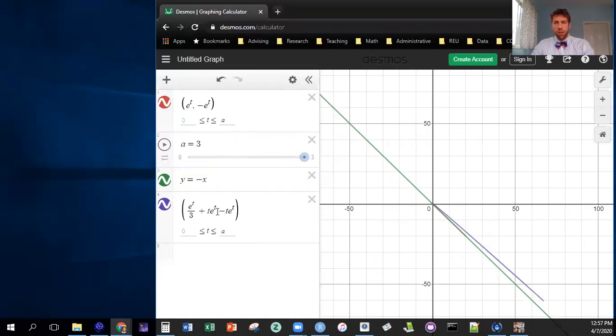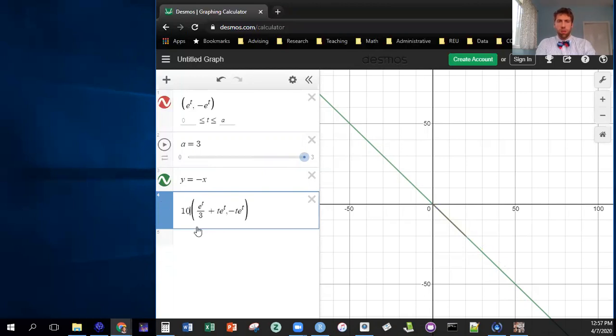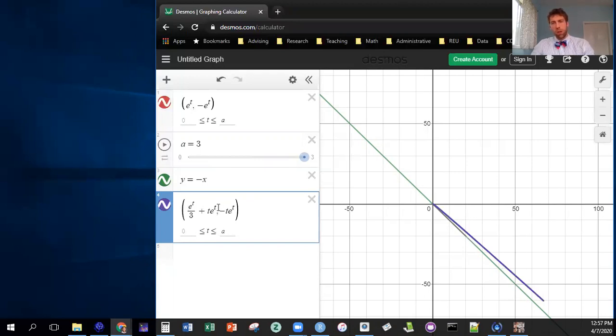And then any other solution of the system is going to be some multiple of that. So let me do 10 times each component; that'd be a scalar multiple of this solution, still a solution. And then you could do different combinations, adding this to that, and so on and so forth.